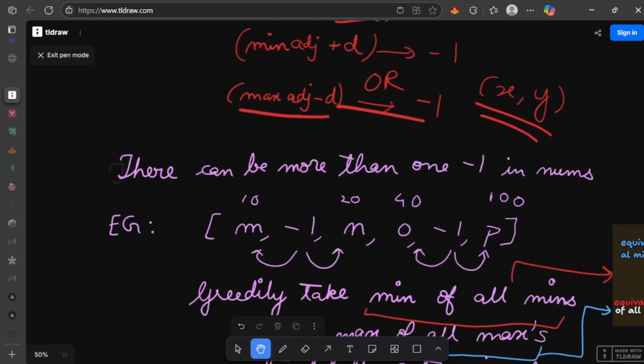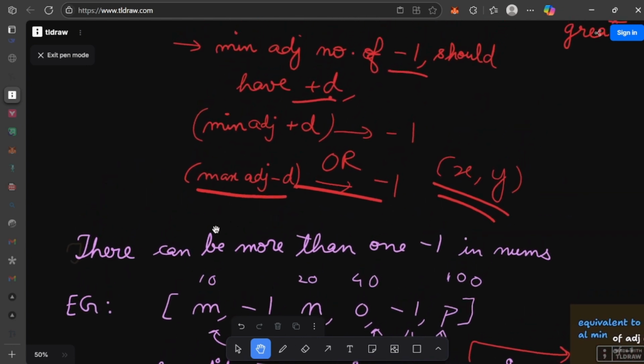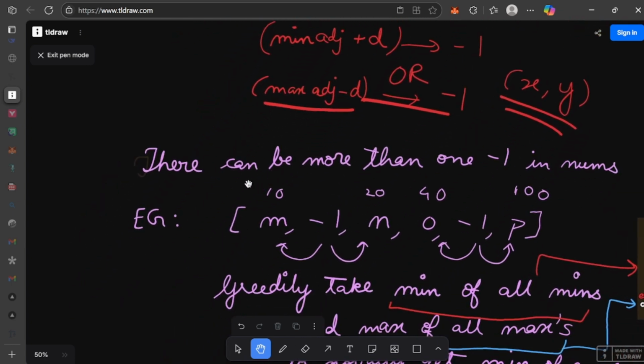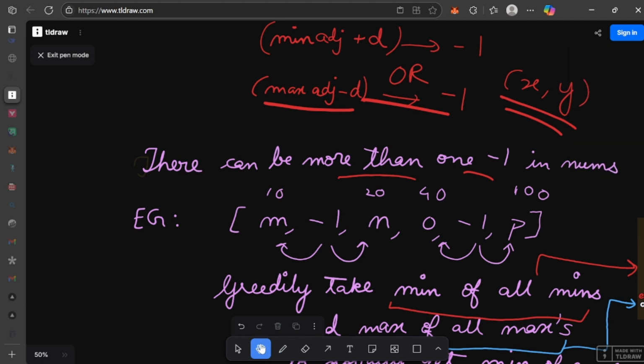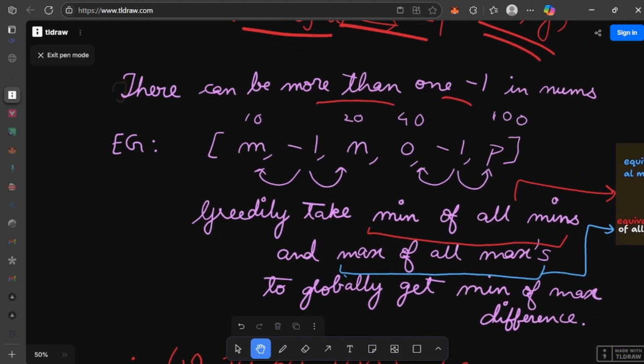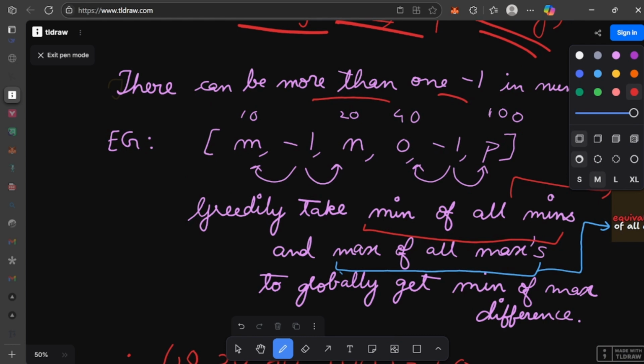So there can be more than 1 minus 1 in nums. Now if you handle the 1 minus 1 case, we would think of handling the case where there is more than 1 minus 1. This is the example we will choose here. You can choose any example, but for showing purposes I'm choosing this one.